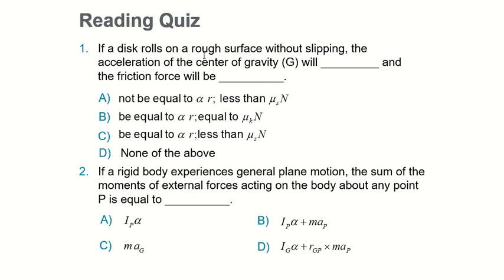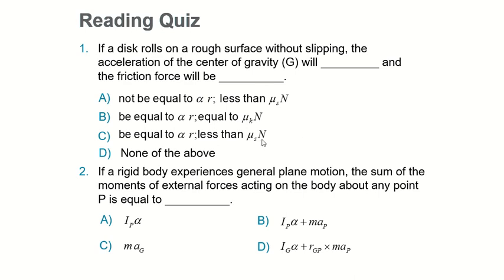In order for the disc to roll, it's got to be less than this because it's not slipping, and it should be equal to your angular acceleration times r, which gives the acceleration of the center of gravity.